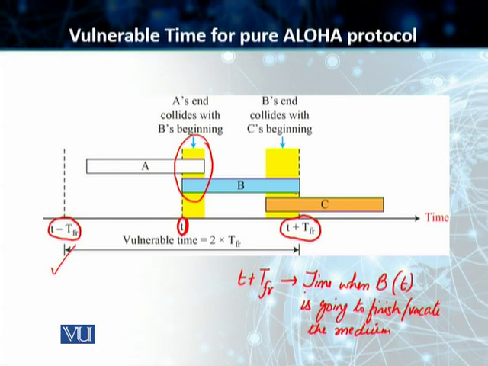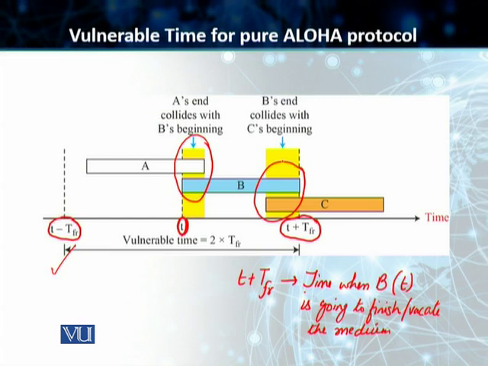Similarly, if C starts the transmission before T plus T frame, then they will collide here as well. So all three frames are going to be garbled, and we will not receive anything from any of the three stations.